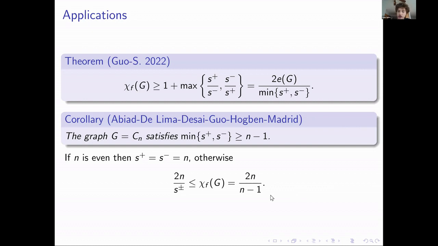If you just rearrange things, you get exactly that S plus S minus is at least n minus 1. I'll note that you can prove this result directly for the cycle without needing to invoke our machinery: we know what the eigenvalues are for an odd cycle, and you can just do some calculations, but the calculations are not trivial by any means. And this is definitely the fastest proof that I'm aware of that does this for a cycle.